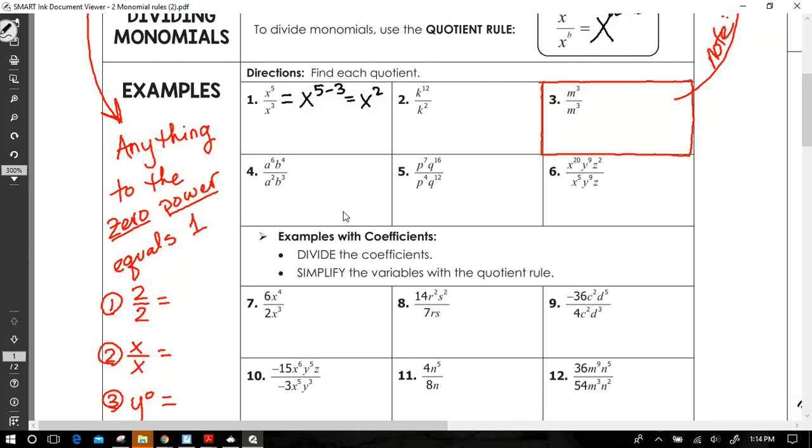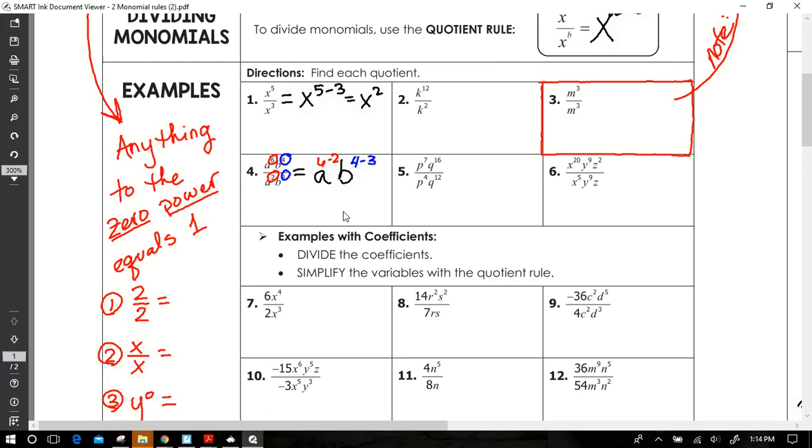Let's do number 4 together, okay? So in number 4, I have two different bases. I have an a and I have a b. So what I'm going to do is take the a exponents, 6 and 2, and I'm going to subtract them. Okay, and then with the b exponents, I have 4 and 3, so I'm going to subtract those.